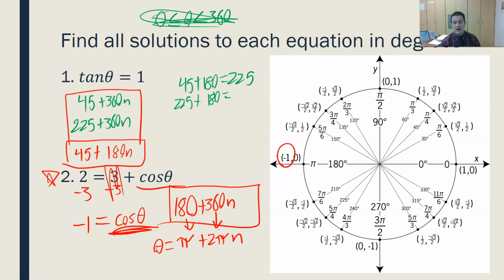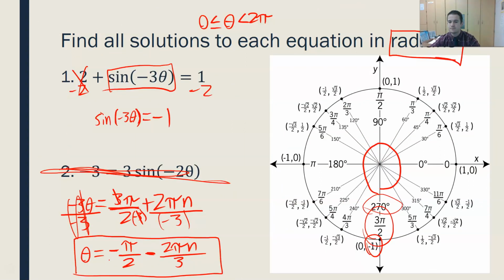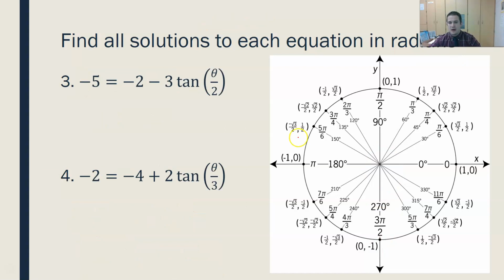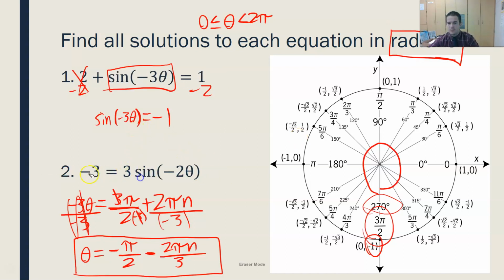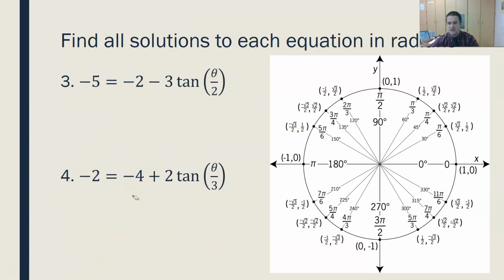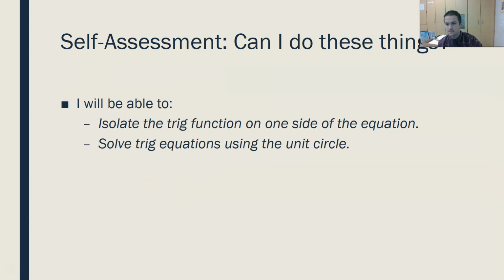So I could really write that as pi plus 2 pi n if I were wanting my answer in radians instead of degrees. I'll leave this one up here if you would like to try that one on for size as well. And this one on here if you would like to try a couple of these in radians.